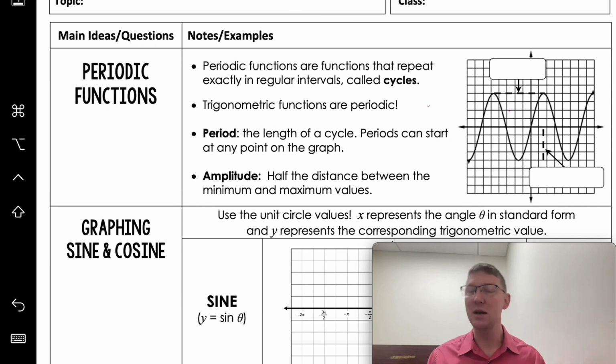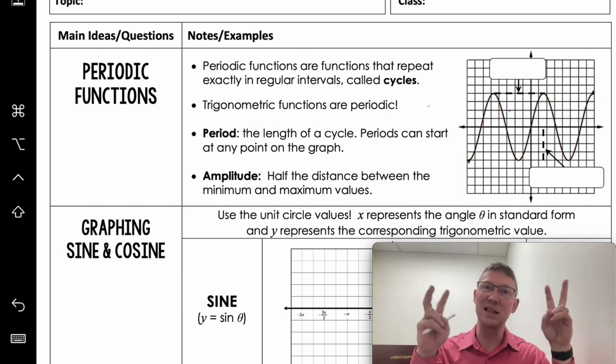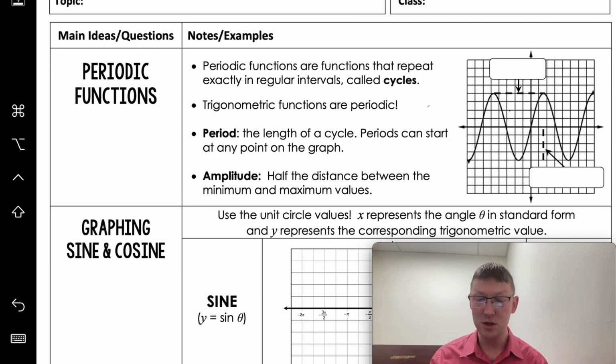The electromagnetic spectrum, again, energy travels in waves. You also have businesses. Any kind of seasonal business might go up during Christmas, down during the summer, up during Christmas, down during the summer. So we need functions that represent that cyclic pattern. That's what we're going to use trig functions for.